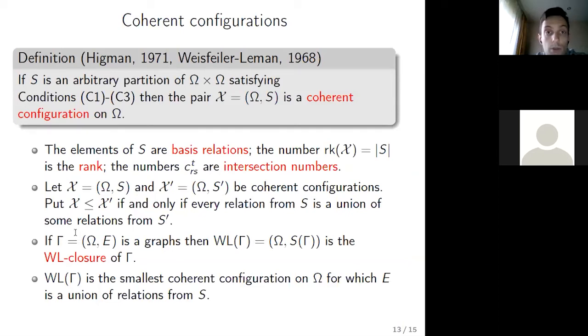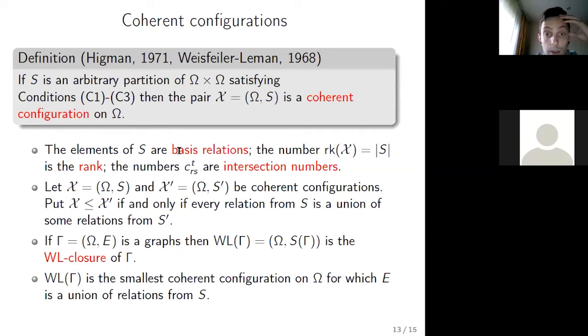This definition was suggested, on the one hand, by Higman. On the other hand, it goes back to Weisfeiler and Leman. The elements of the partition S are basis relations. The number of basis relations is the rank of the coherent configuration. The numbers c_{r,s}^t are intersection numbers of the coherent configuration.